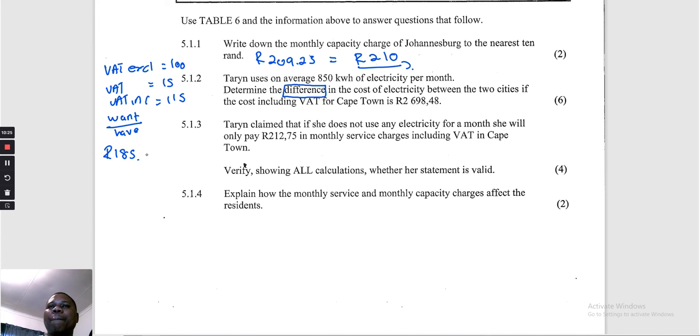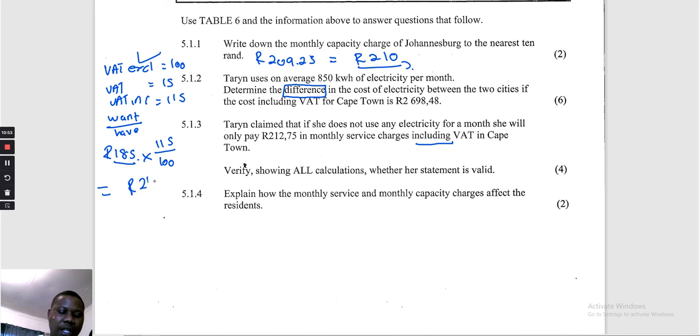So we're going to multiply here by 115 over what do we have? We have 100, because this 185 is VAT exclusive. And what is it that we want? We want the amount including VAT. So there we have it: 185 multiplied by 115 over 100.